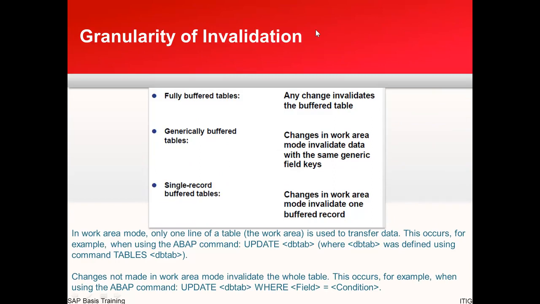So granularity of invalidation: fully buffered tables, any changes invalidate the entire table. Generic buffer tables, changes in work area mode invalidate data with the same generic key field. Single record buffer table, changes in work area mode invalidate one buffered record.